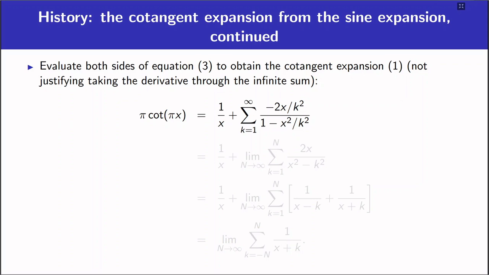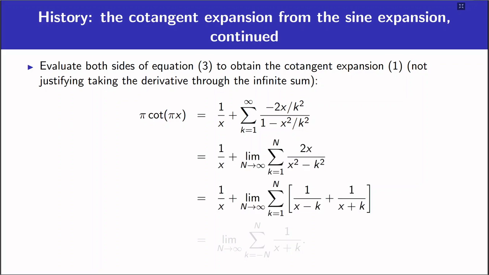Taking the derivative of both sides, doing so termwise on the right-hand side, we obtain this simple expansion here. Write the infinite sum as a limit of partial sums, and replace the fraction in the sum by its partial fraction decomposition. When combined with 1 over x and rewritten, we have the desired two-tailed sum.